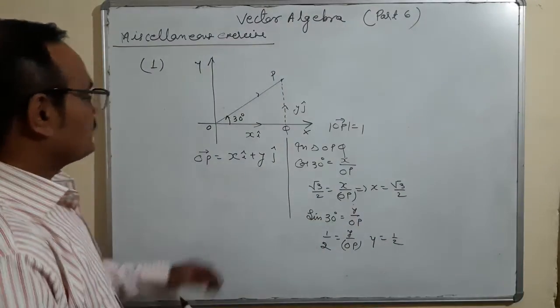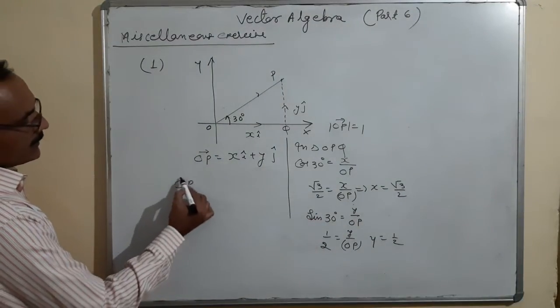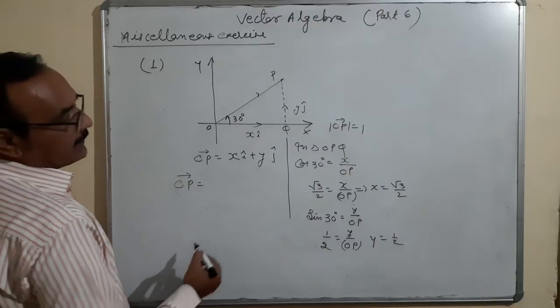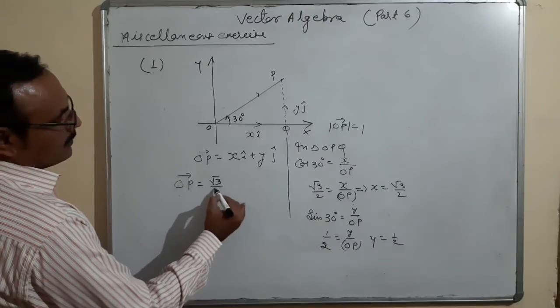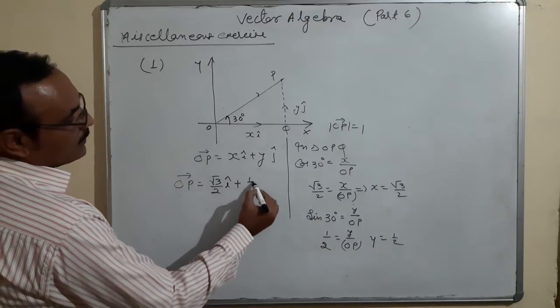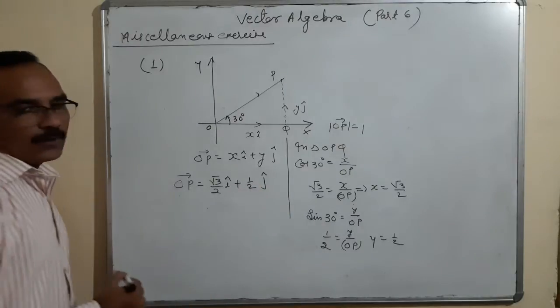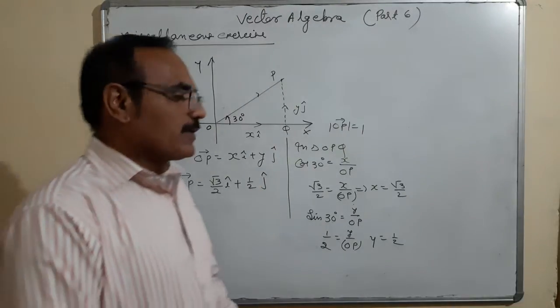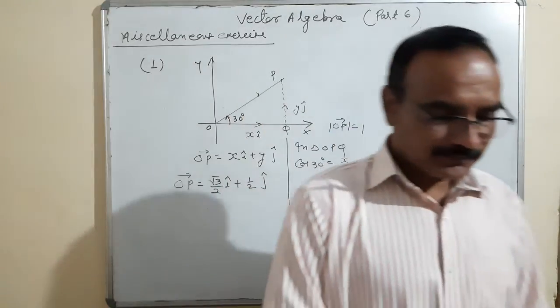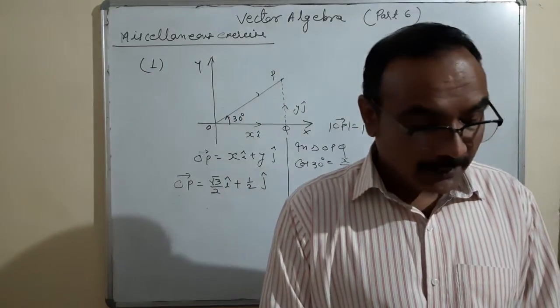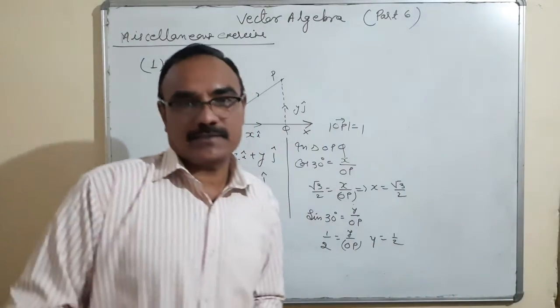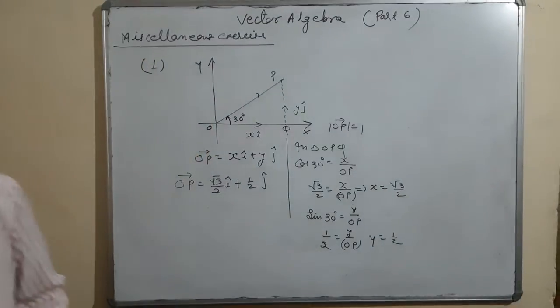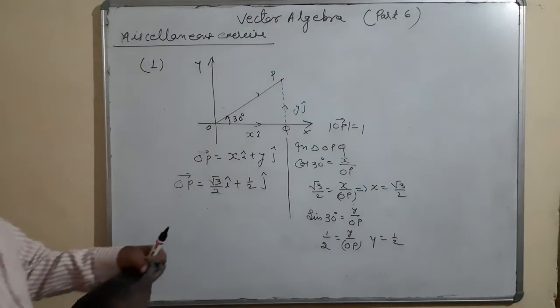So these values will be substituted here. So vector OP is equal to root 3 by 2 i and 1 by 2 j. So this is a unit vector making an angle of 30 degrees with the positive direction of the x-axis. This is question number 1.